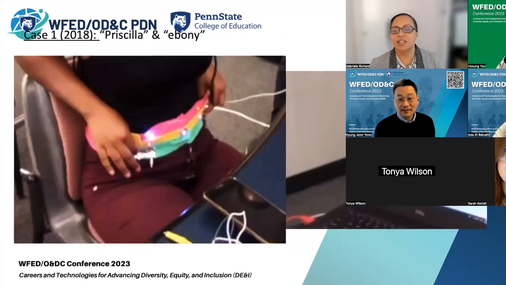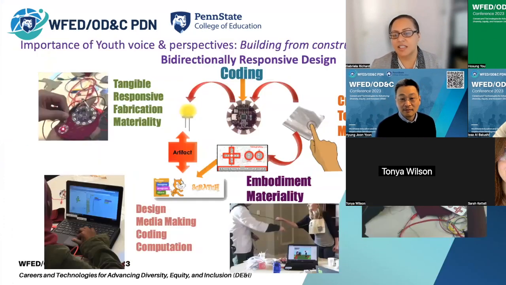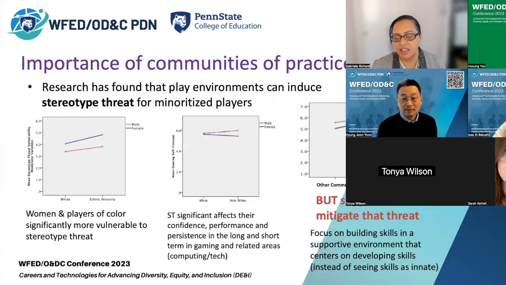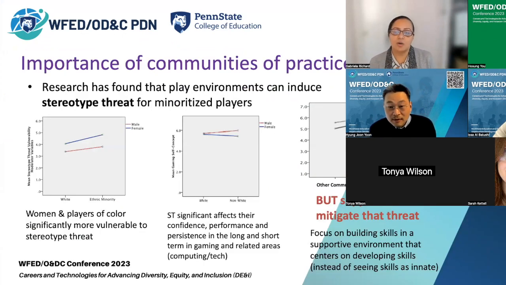So just to be clear, this was a study. I did a naturalistic study of gaming communities. And from there, we found that there were so many parallels to educational environments.